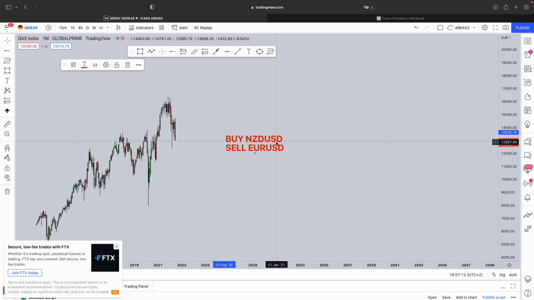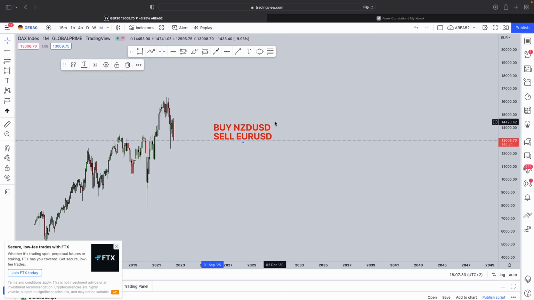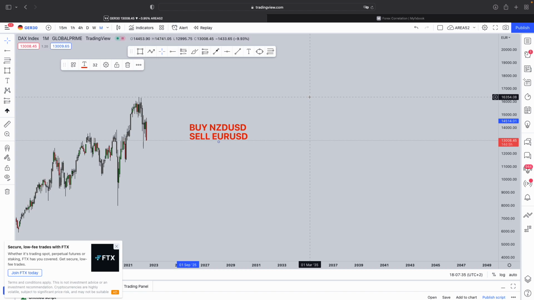But a currency correlation is basically a positive or negative relationship between two separate currency pairs. A positive correlation means that two currencies move in the same direction, and a negative correlation means that they move in the opposite direction. So a positive correlation means that if the one goes up, the next one goes up.